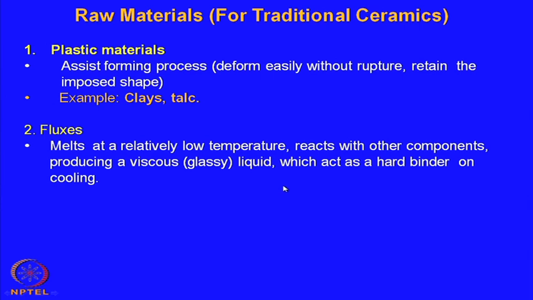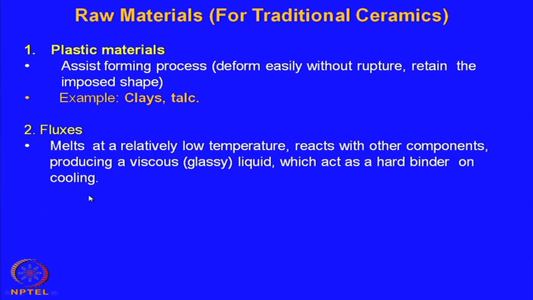So, when you fire them or heat them at higher temperature, everything does not melt, only the fluxes melt easily and they form a glassy mass. This glass also acts as a binder on cooling. The glass, as it is known, is a viscous liquid, and on cooling it solidifies and binds the rest of the powders.